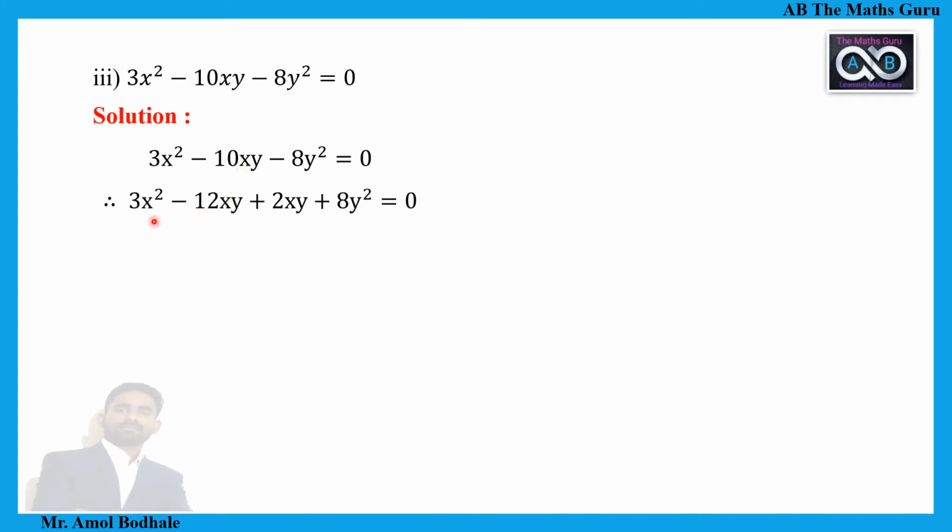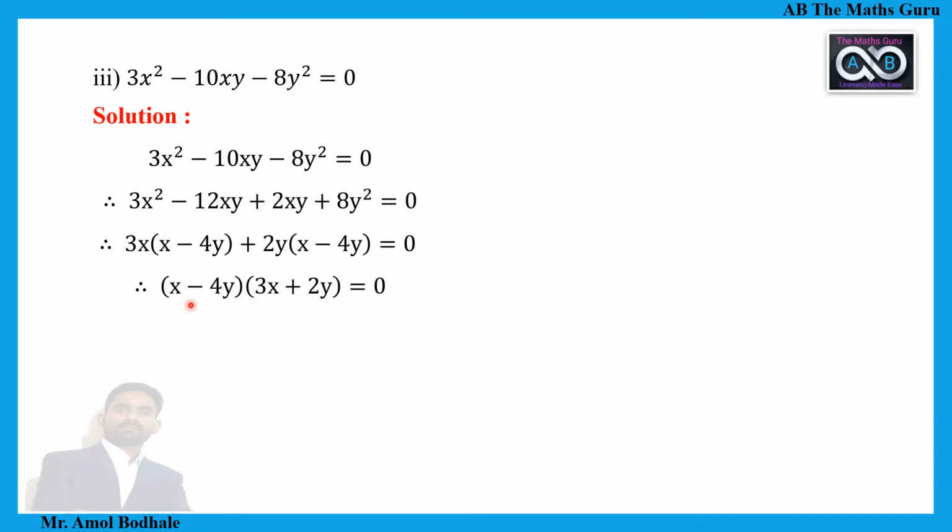So what is common from the first two terms? We have 3x common from the first two terms. So 3x into (x minus 4y) plus, here 2y is common, 2y into (x minus 4y) equal to 0 from the first term and second term. Again we have x minus 4y common. So we take x minus 4y common.